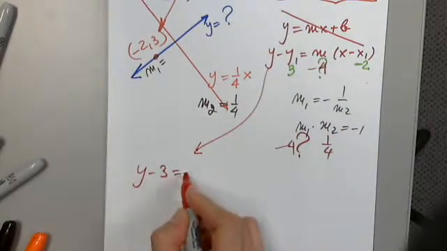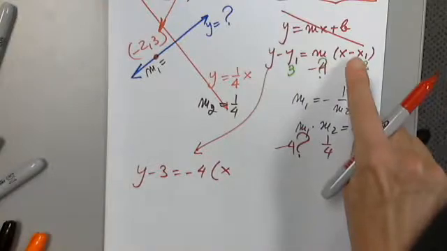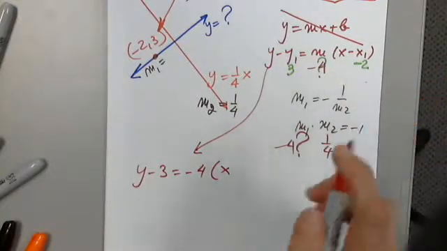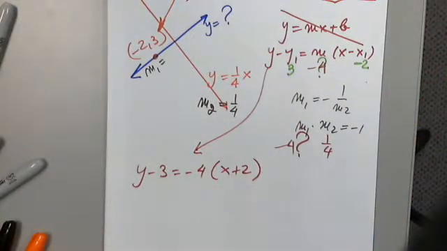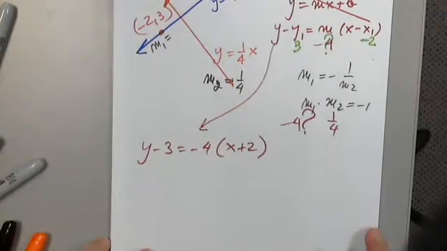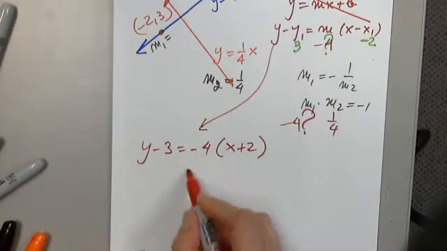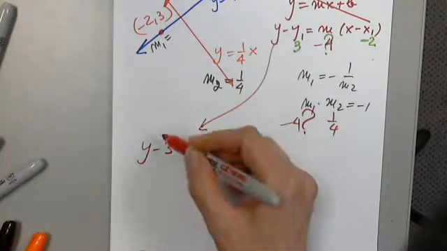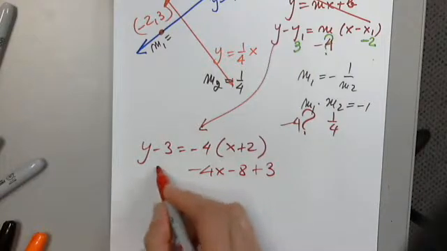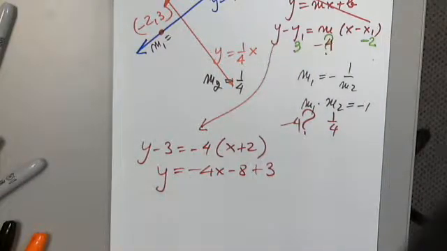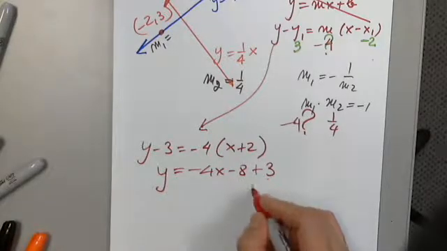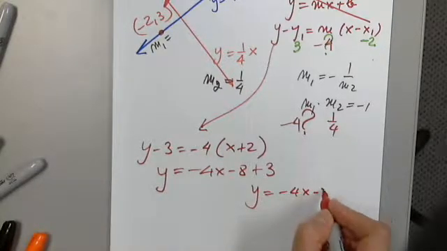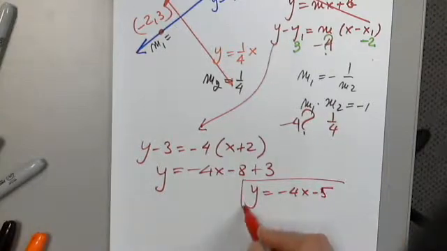So now I have the equation. Y minus 3 equals -4 times x minus -2, which is x plus 2. Is this okay? Yes? Any questions? Stop me if you have questions, please. So I distribute -4x minus 8, but I have to add 3 by moving -3 to the other side, and then I'm done, which was -4x minus 5.